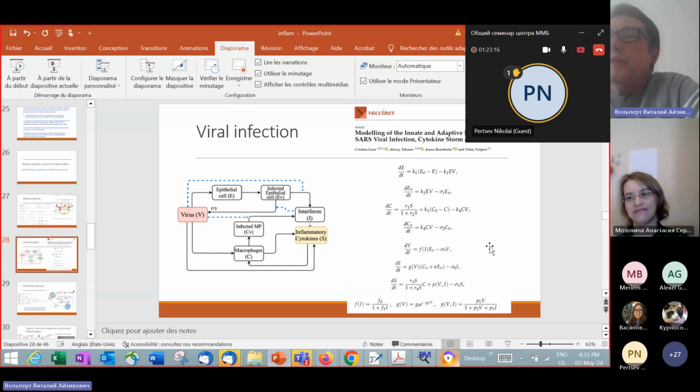No, excuse me. Here we don't make a difference between virus inside cells and outside cells. In some other models, we make such a difference. But if we don't make a difference between virus outside cells and inside cells, in fact V here is a joint concentration of both of them.